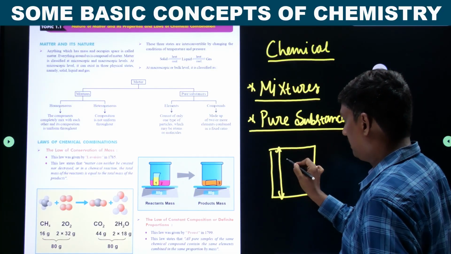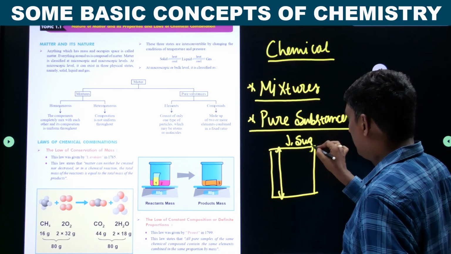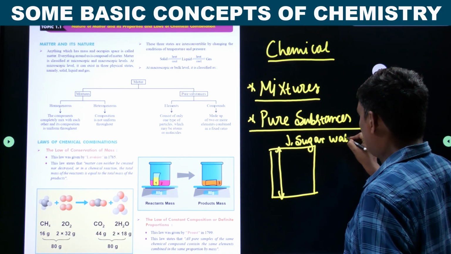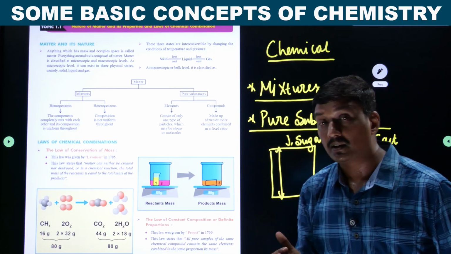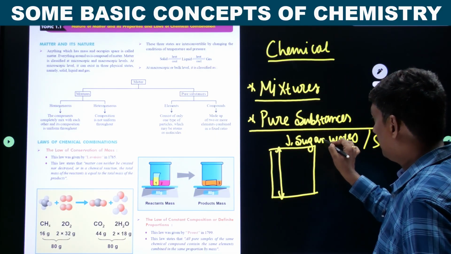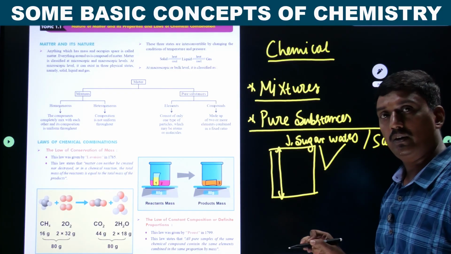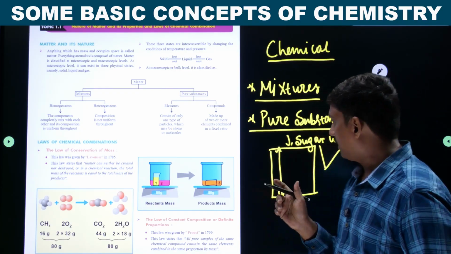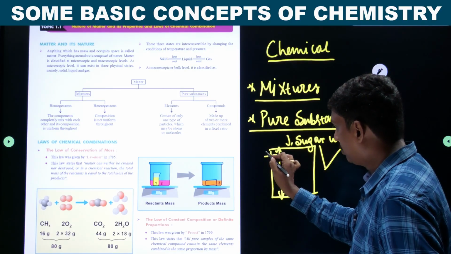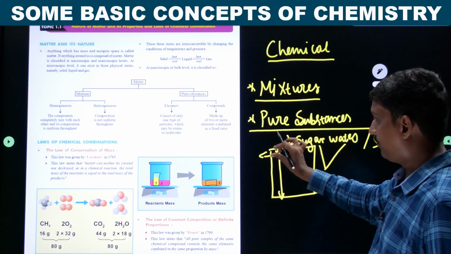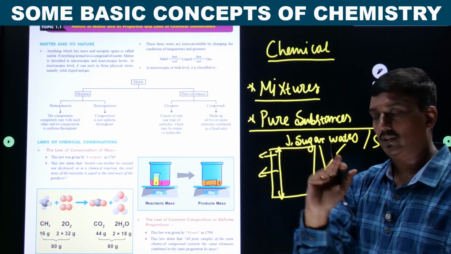For example, take sugar water or salt water. It is a mixture. Why is it a mixture? Because there are two components, one is sugar, another is water. Make a solution and keep it aside. If you look at the composition in the first layer, it remains the same. Middle layer, same.